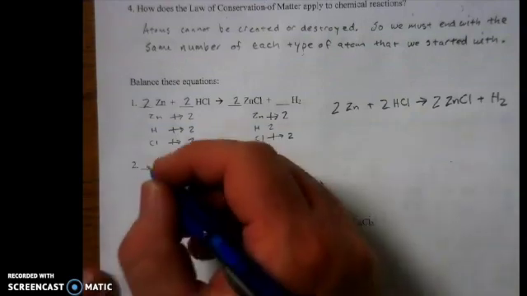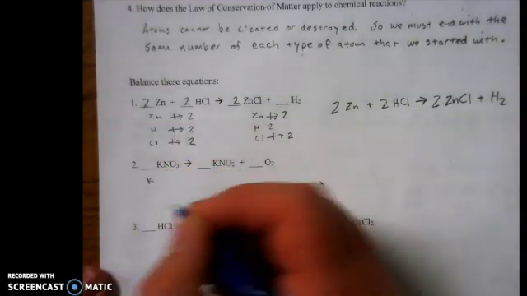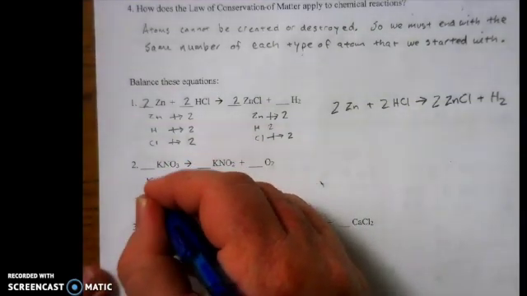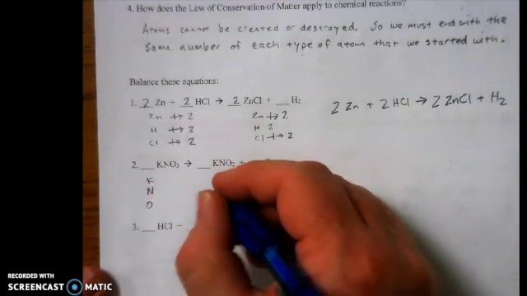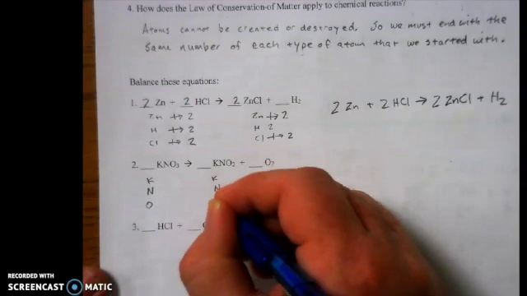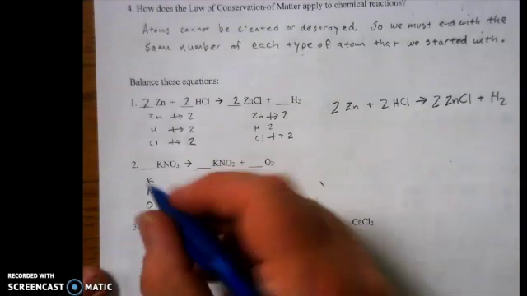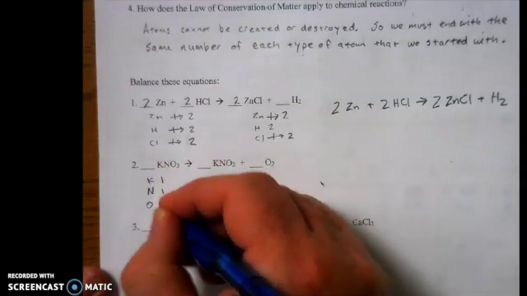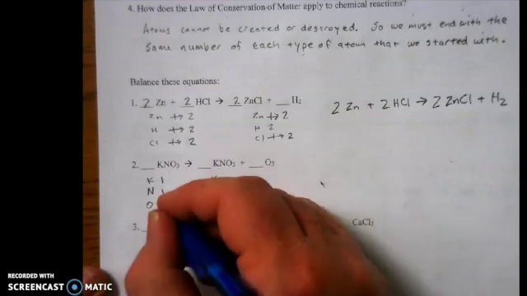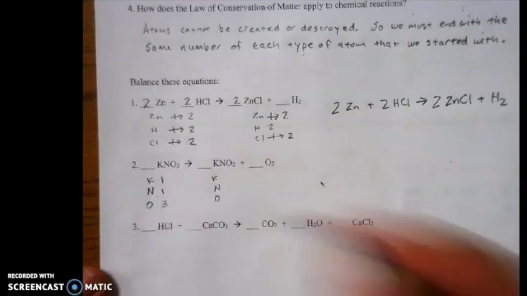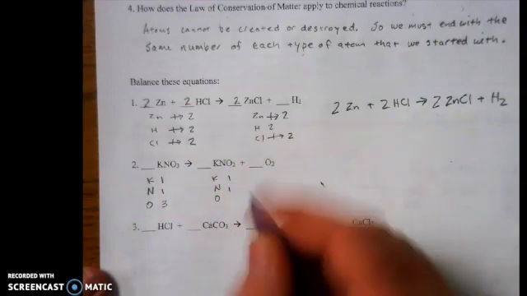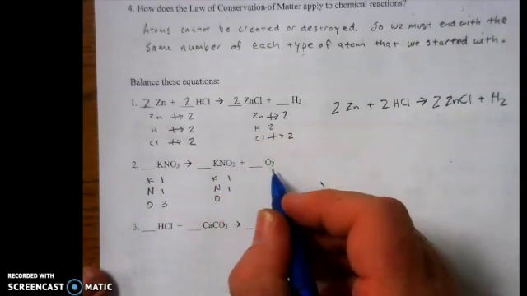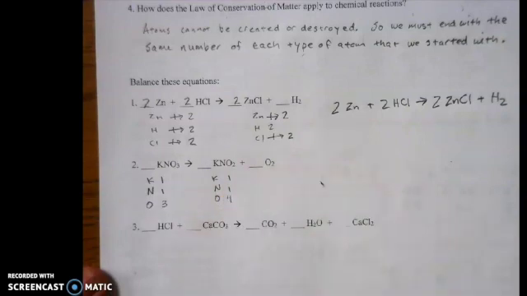Next one, we've got K, which is potassium, N stands for nitrogen, and O is oxygen. Potassium, nitrogen, oxygen. Got 1 potassium, 1 nitrogen, and 3 oxygen. 1 potassium, 1 nitrogen. 2 oxygen plus 2 oxygen is 4 oxygen.